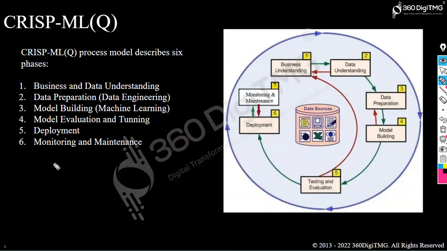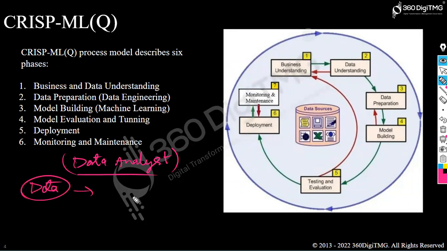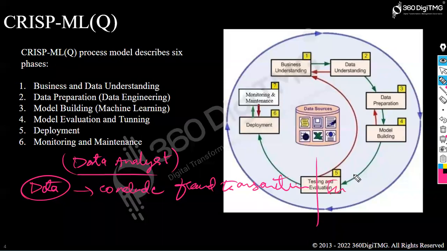So every organization will approach a data analyst and provide the data to go through it and conclude that the fraud transaction is detected, and in future how to avoid it. So the client has clearly mentioned what the business problem is.